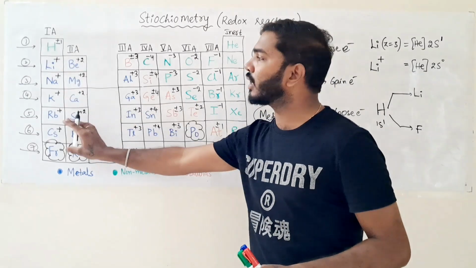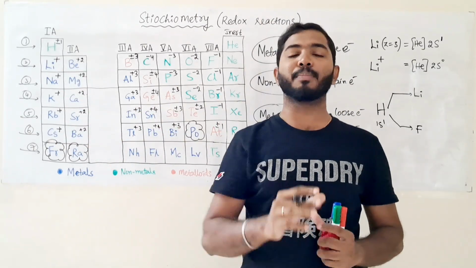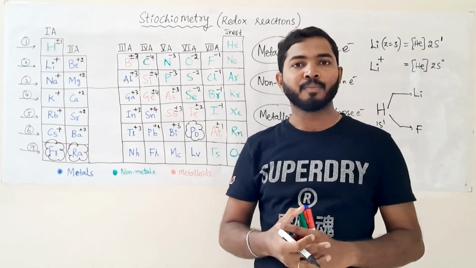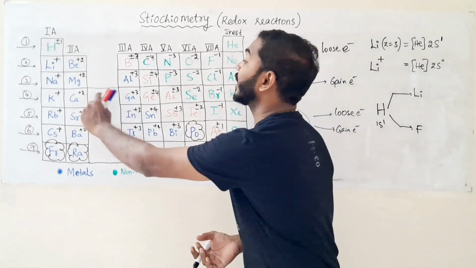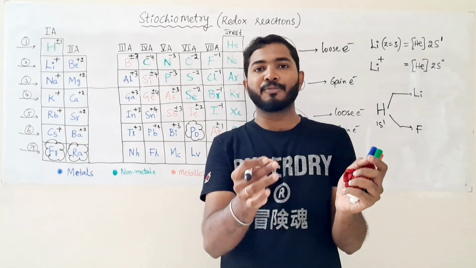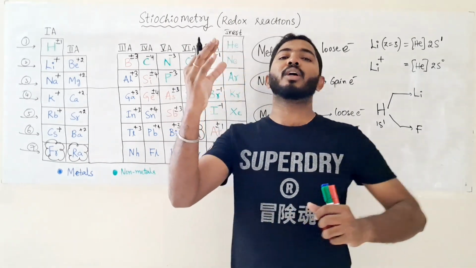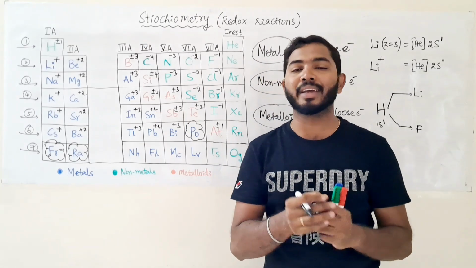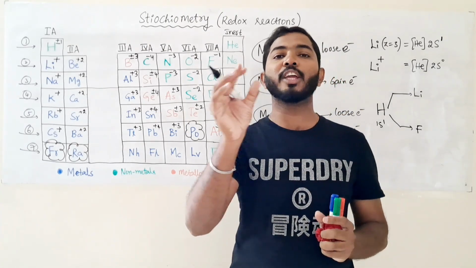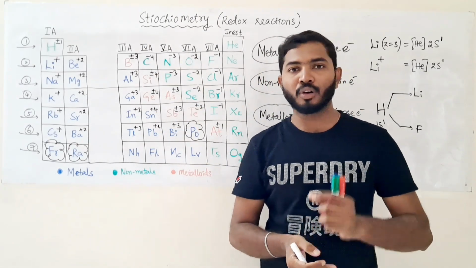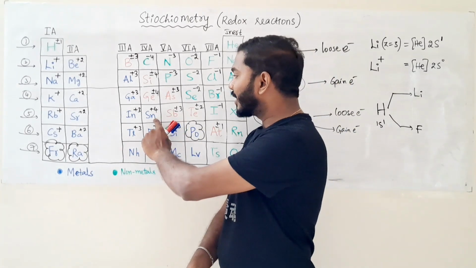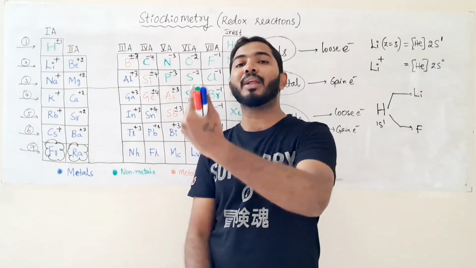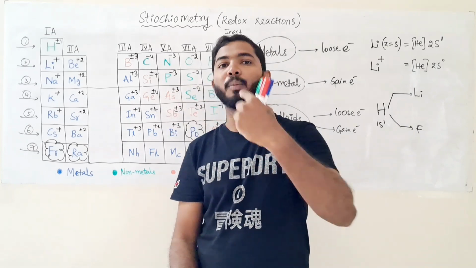So generally metals have only one type of oxidation number or charge, except these transition elements. A few transition elements show more than one positive charge. That particular factor is called variable charges. If you see, even tin will have, other than +4, it will also show +2.